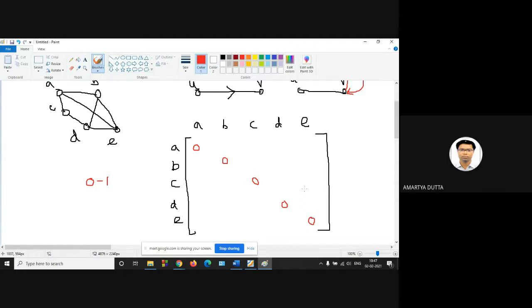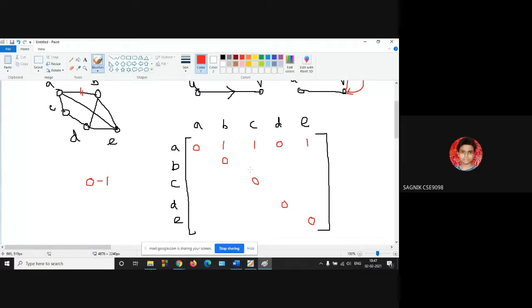Next, A to B. A to B is a connection. That's why you have to put 1. A to C, yes, there is a connection: 1. A to D, what should I write? 0. A to E: 1.